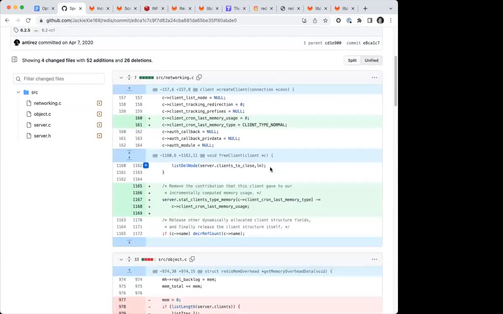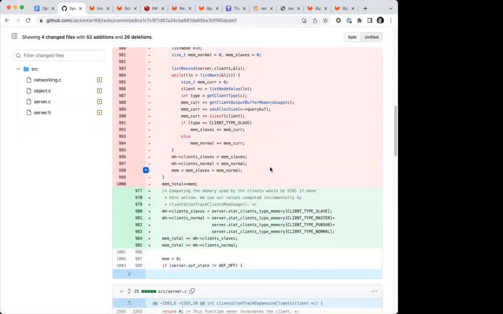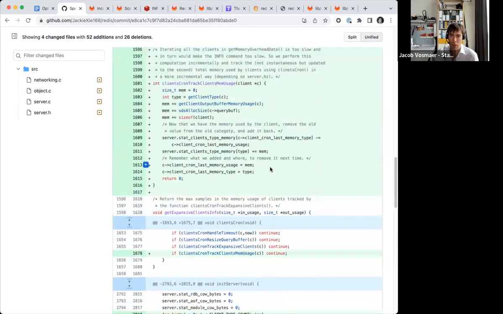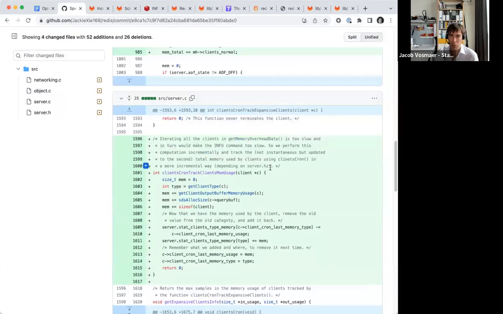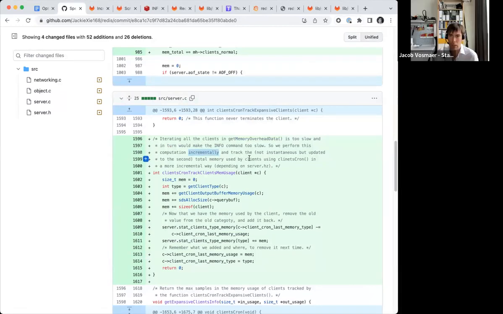Basically amortizing the call instead of doing it all in one go. So amortizing and memoizing, okay. So that over time, repeated INFO calls update the number. I think it happens in the background. It's incremental.